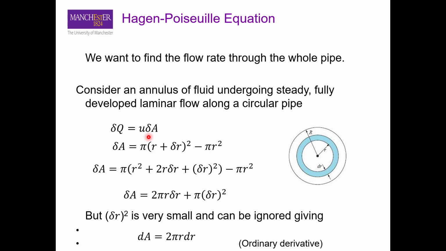Okay, so if you do the unit check, u is meter per second, area is meter squared, so you get meter cubed per second, that is the flow rate per unit time.